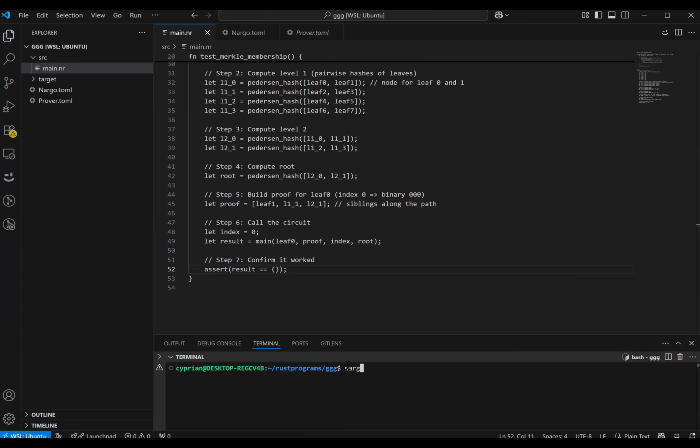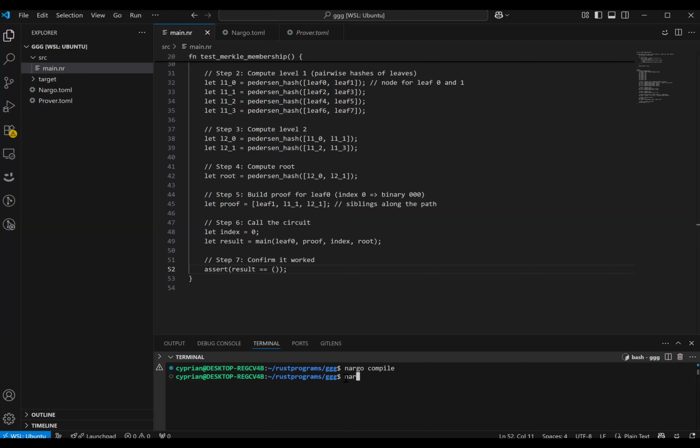It's only that M and N are together, so it's supposed to be nargo compile. Yes, it's a successful run. So it means our circuit is correct, our proof is correct.